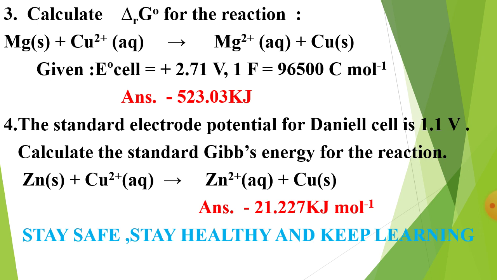E naught cell is given, F is given, and we can find the value by putting these values, and on calculation we get the answer like this. Question number 4. The standard electrode potential for Daniell cell is 1.1 volt. Calculate the standard Gibbs energy for the reaction. So again this formula I have given to you. Put this formula and calculate the answer like this.